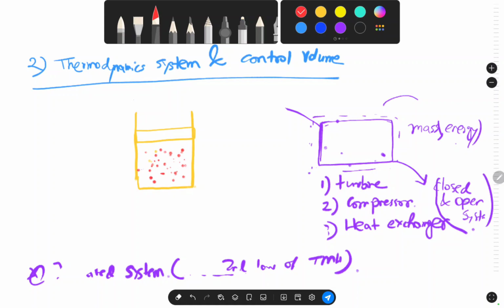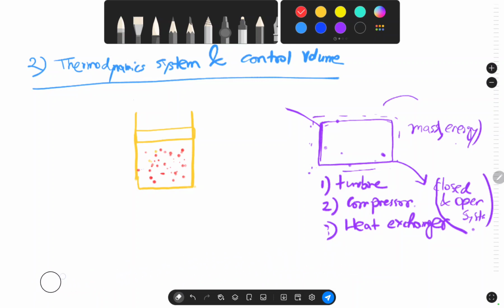Is it a control volume approach, or is it a system approach? What should it be here? Answer in the comment, and it will be very useful if we get some interaction from your side.